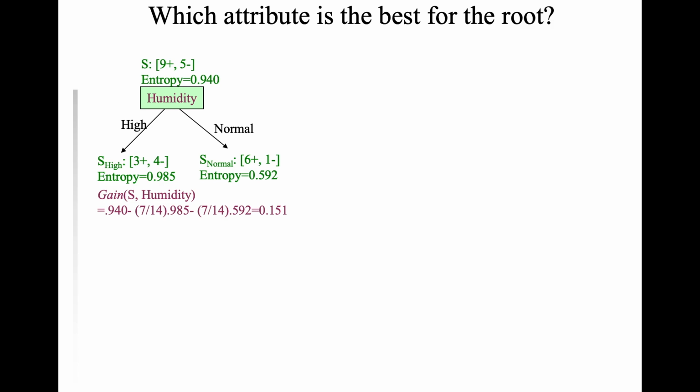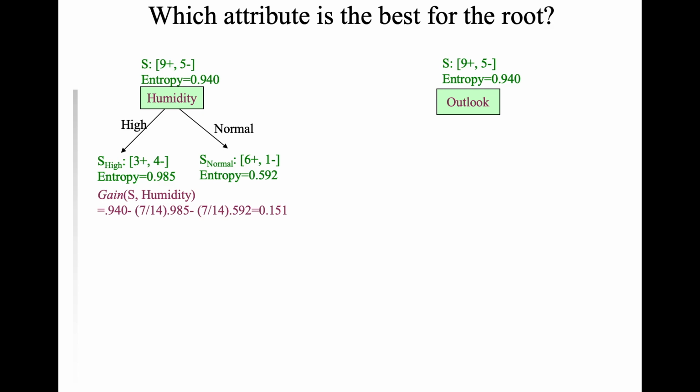For those 2 classes, we calculate the probability, P of class 1 and P of class 2, and then calculate entropy using that formula. We have this number, 0.592. The entropy of S normal is 0.5 something, and here S normal is 6 plus 1 minus.